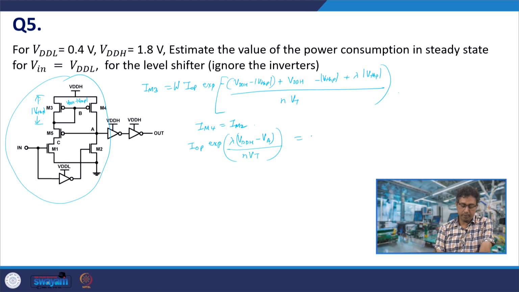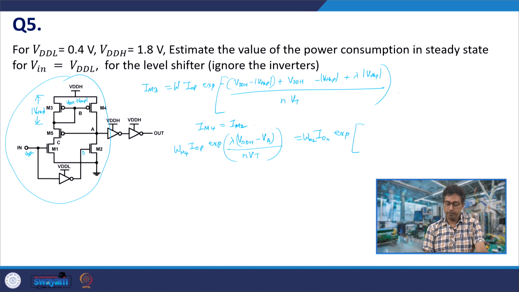This is equal to IM2, which is ION exponential VGS, which is 0, because VIN is VDDL. So, here you will have 0, VDDL.